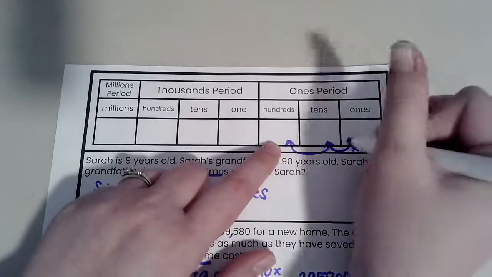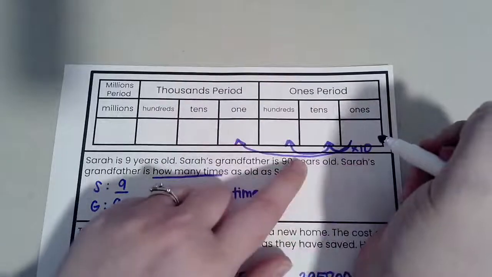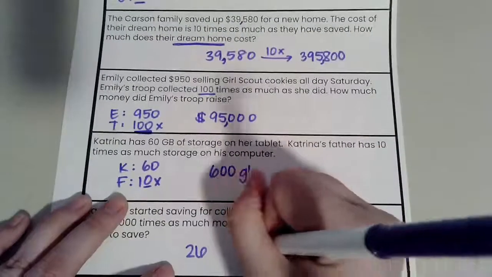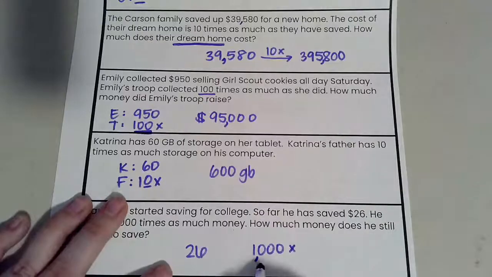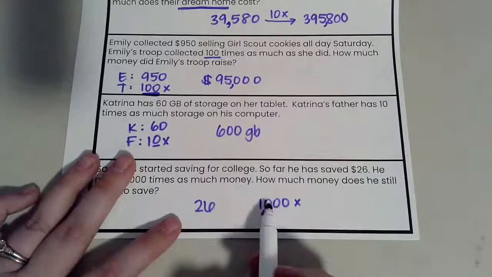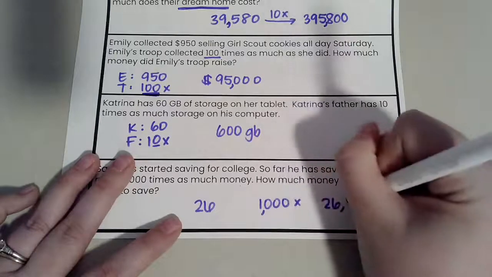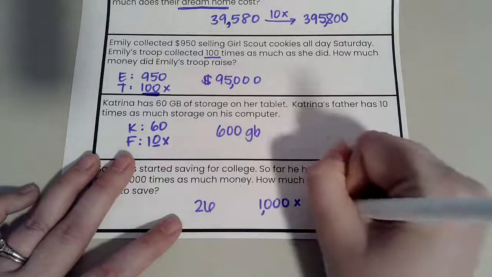How do we get to this one? Well, 10 times 10 is 100, times 10 is 1,000. So if it's 1,000 times as much, how many zeros are we going to add? We're going to add 1, 2, 3. So how much does he need to save? $26,000.